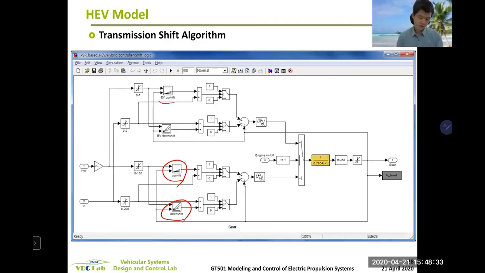We could have EV upshift and EV downshift, but usually these two are similar. I mean, we can make it different and improve efficiency, but in reality, in real products, one shift map is used for upshift and downshift.